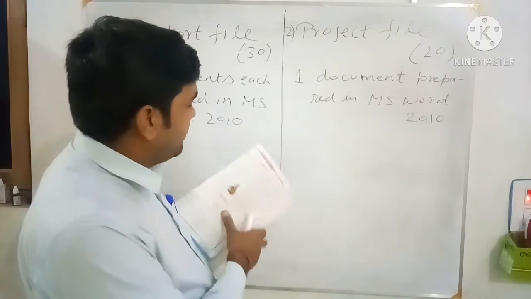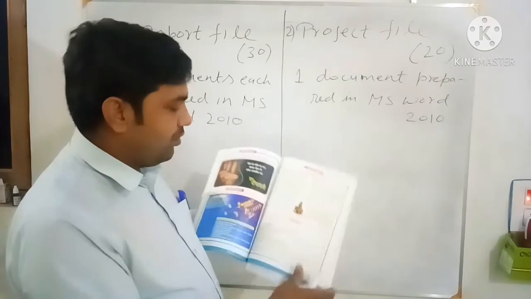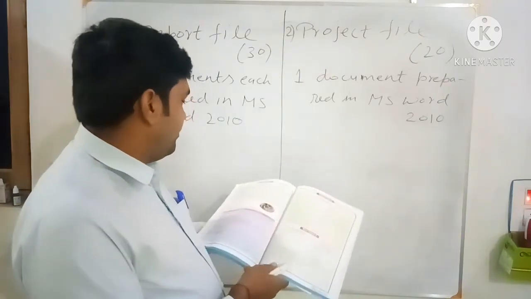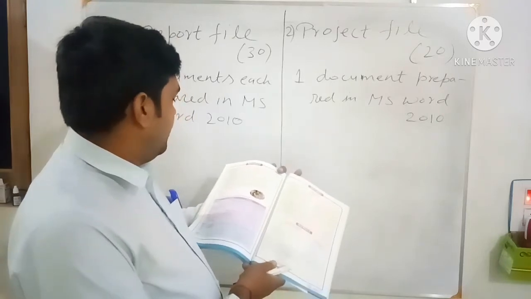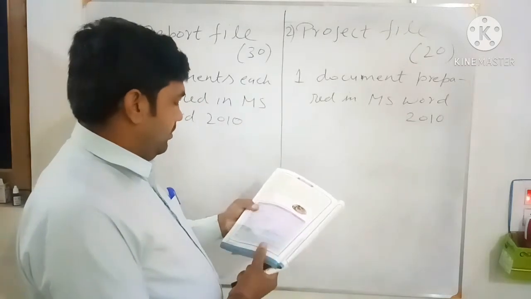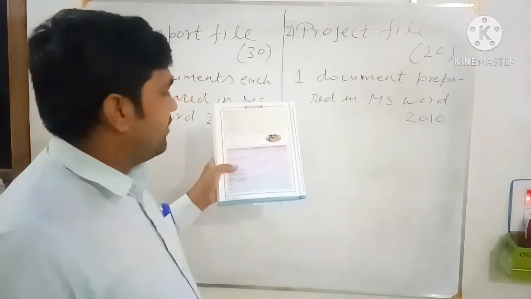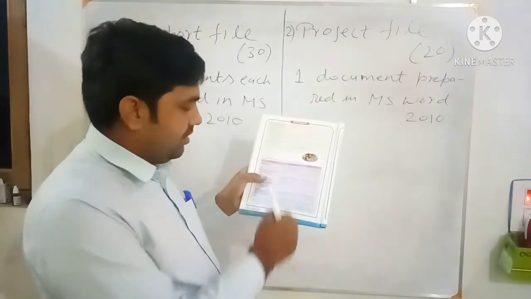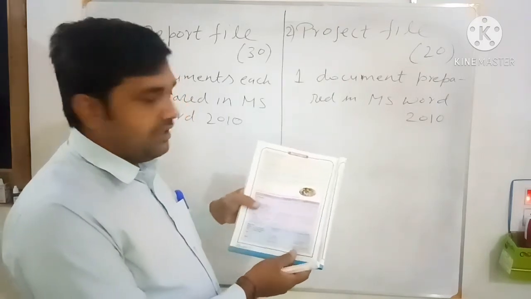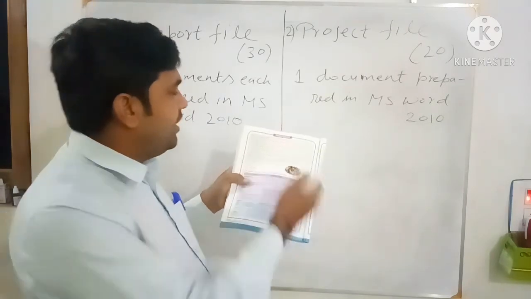Second and third project is the article on food and health. Now Word project 4, you can see here, we have prepared a summary, or we can say some information we want to give on why we need food.